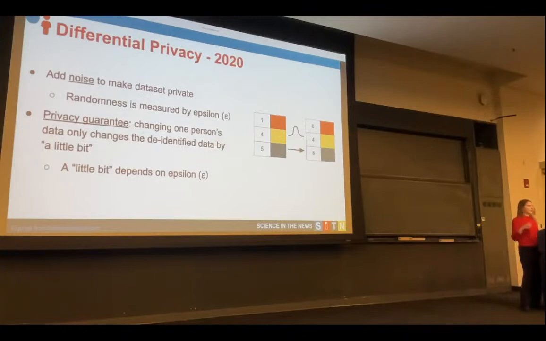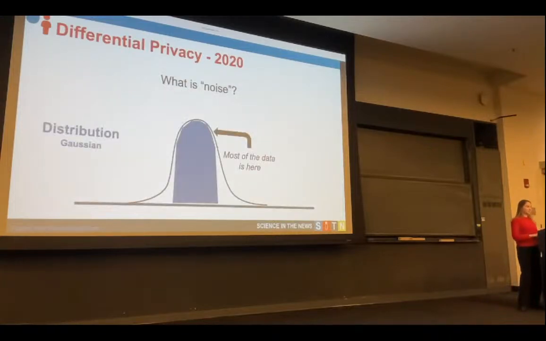So we're going to talk about this in a little more detail, but we're going to examine how the noise that's added is parameterized by this value epsilon. So epsilon changes how much noise is added. And then also, we have this privacy guarantee that comes with differential privacy, that changing one person's data will only change the re-identified data by a little bit, where a little bit also depends on this parameter value.